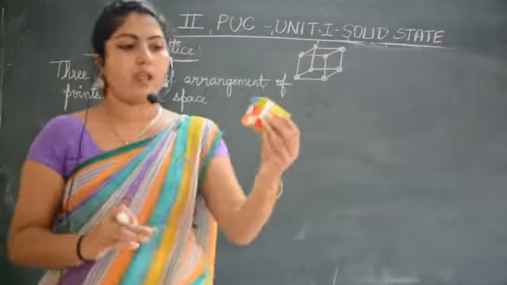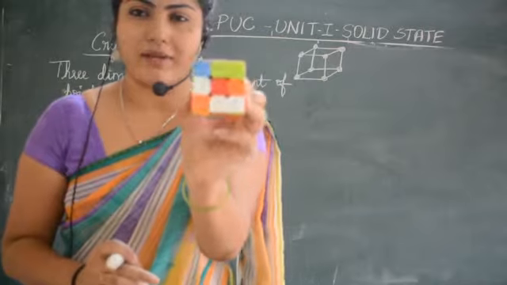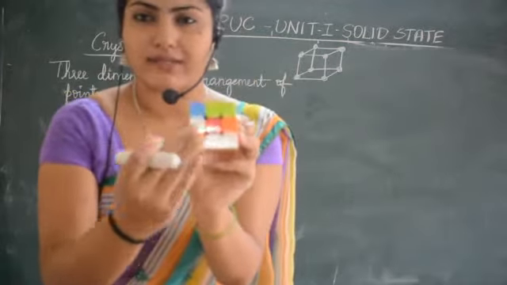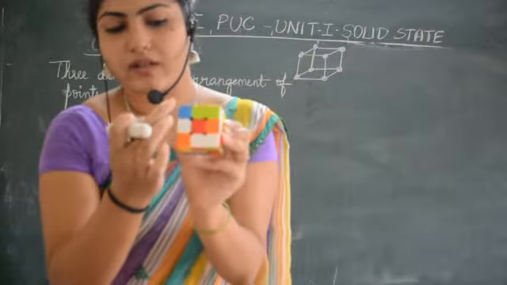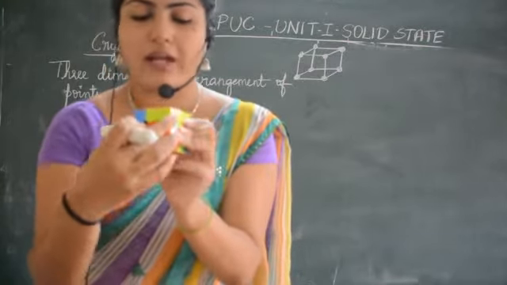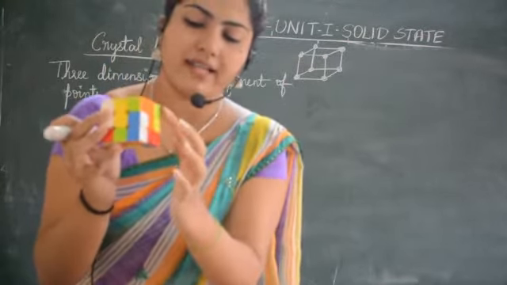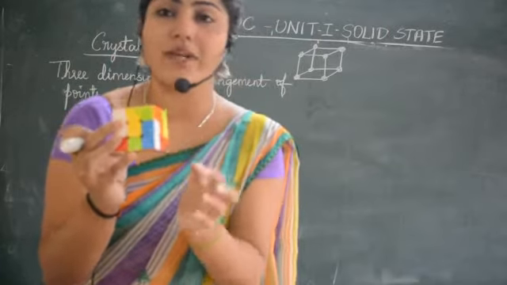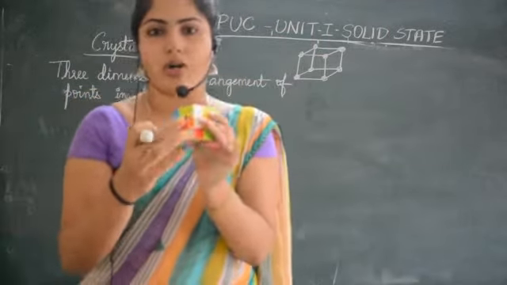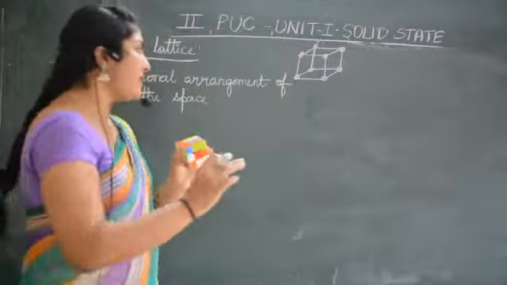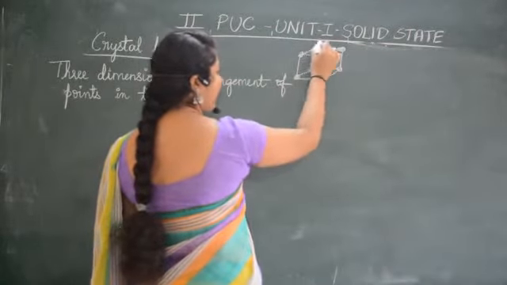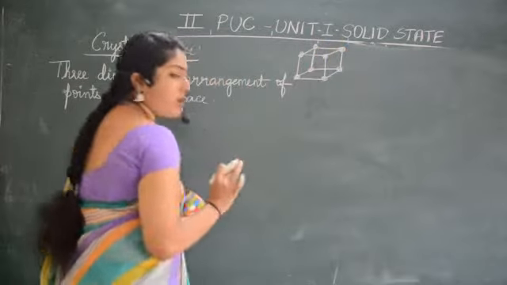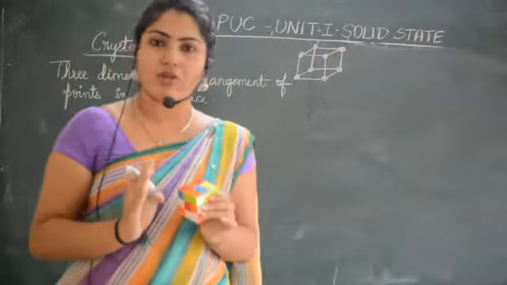Here you can see the boxes, am I right? In these boxes, if these are the corners, 1, 2, 3, 4, and here 5, 6, 7, 8. How many corners are there? 8 corners are there in a cube, right? See here, 1, 2, 3, 4, 5, 6, 7, 8. Back side 4, front 4. 4 plus 4, 8 corners are present.